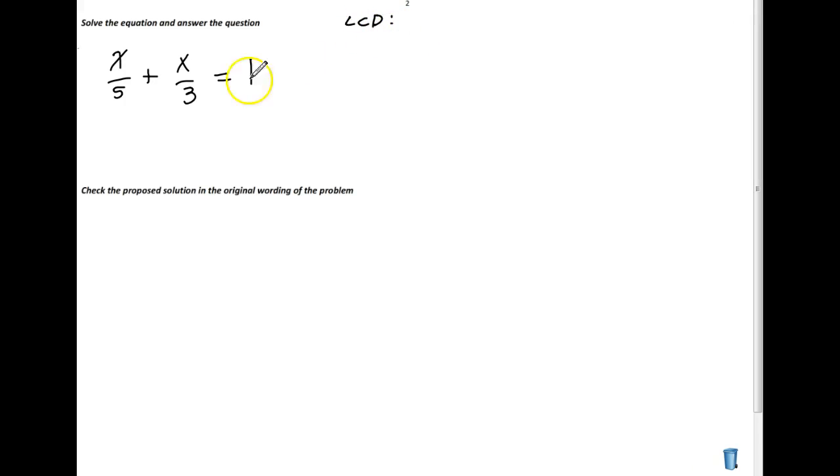What's my LCD here? 5 times 3 is 15. So I'm going to multiply both sides of my equation times 15. When I multiply this side of the equation times 15, remember both parts get multiplied by 15. So 15x divided by 5, well, 15 divided by 5 becomes 3, so that's 3x. 15 times x over 3 becomes 15x divided by 3, so 15 divided by 3 is 5, so that adds to 5x.